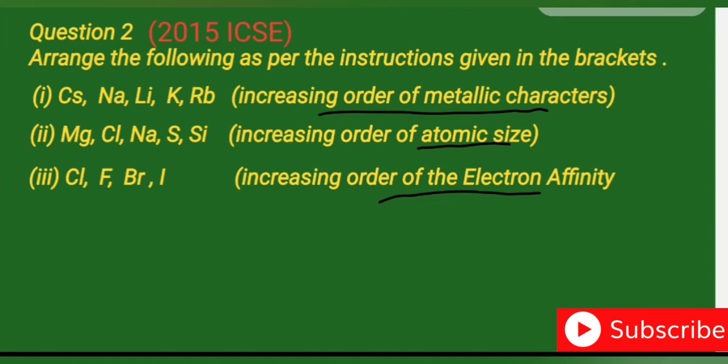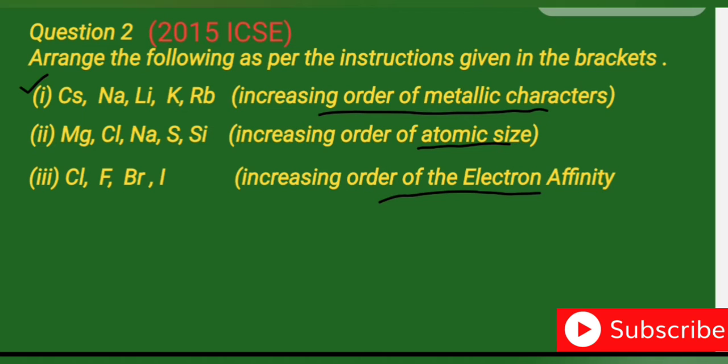So, let's start. When you get this type of question, the trick is, first, children, you see whether the elements are given from a particular group or from a particular period. If you see, the elements in the first bit belong to a particular group. So for which group? Of course, it is group 1.